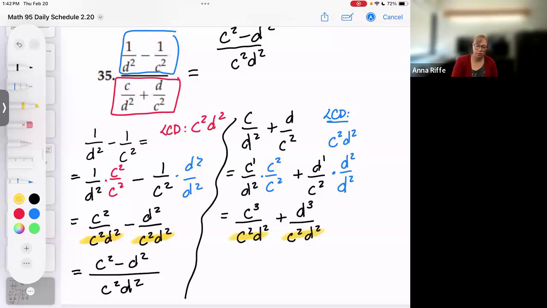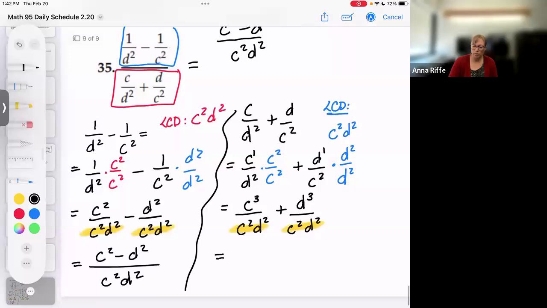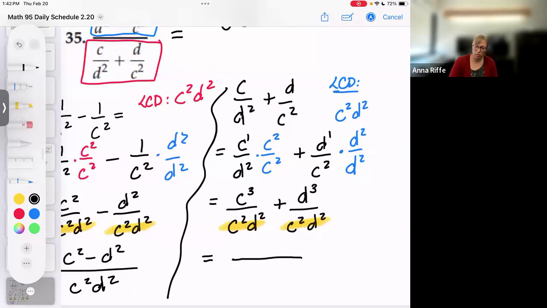We can note we have the same denominator now. So we can now write it as a single fraction with that denominator c squared d squared. And the top becomes the sum of c cubed plus d cubed.